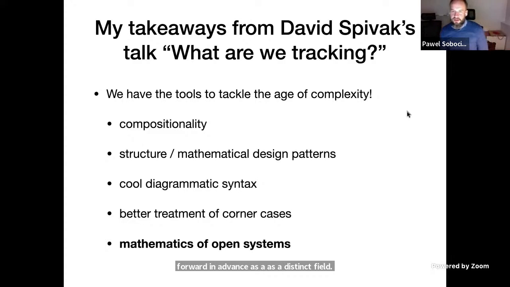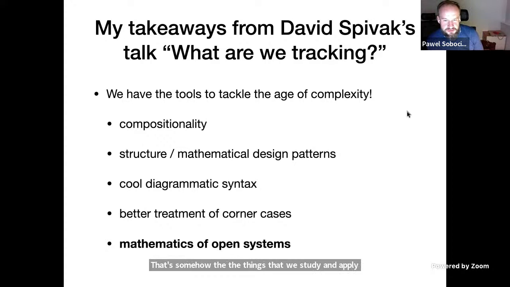I agree with David that the things that we study in applied category theory, things like compositionality, these sort of mathematical design patterns, so to speak, patterns that appear in several different places, are very useful, and we have nice syntax.